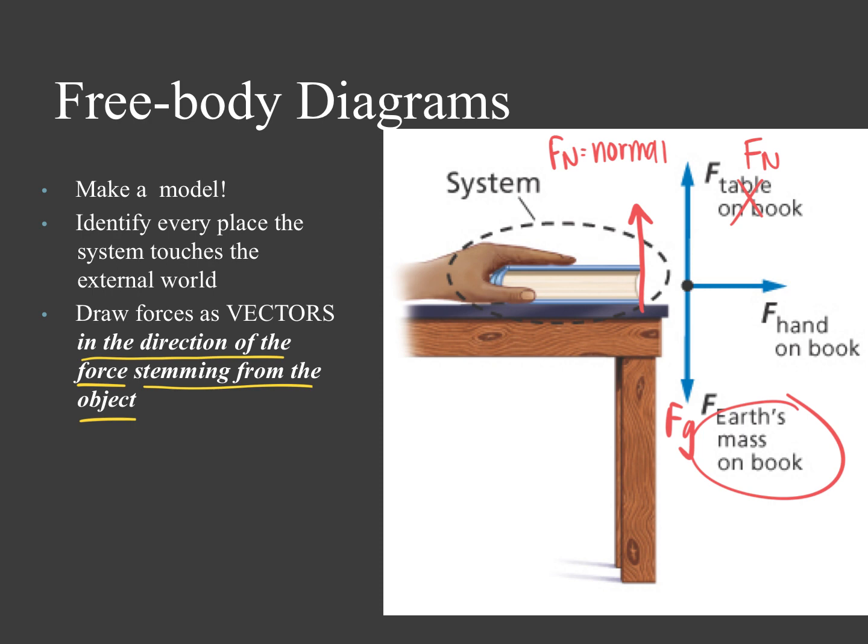If the book is pulling down, the table is then exerting an opposite and equal force up on it. Have you heard that? For every reaction, there's an equal and opposite reaction. Have you heard that term? For every force, there's an equal and opposite force. That's Newton's third law. We're going to talk about that here in just a second, okay? But that's called the normal force.